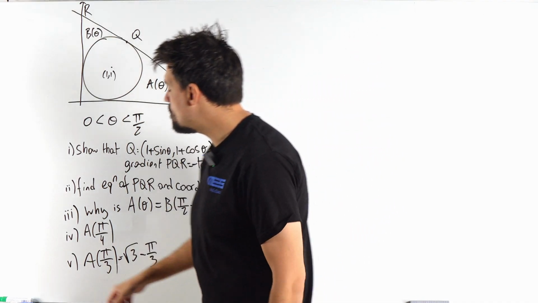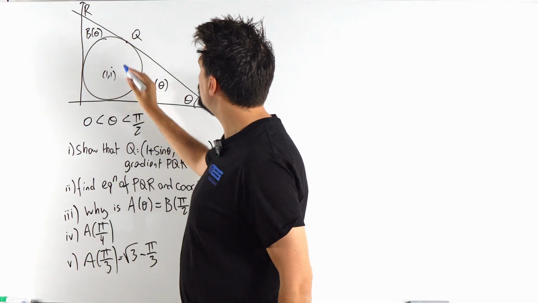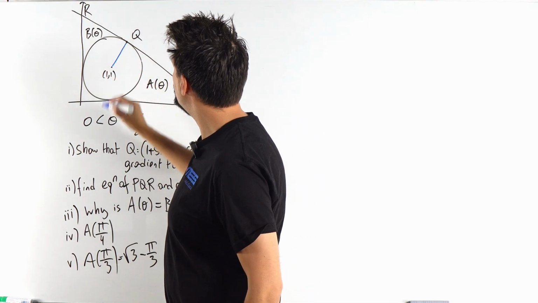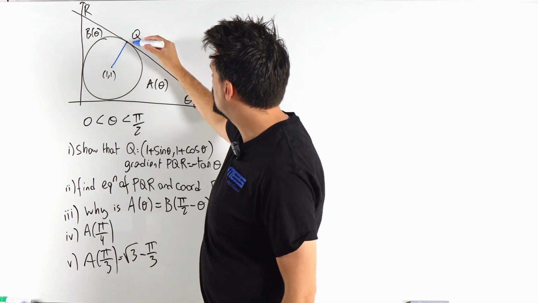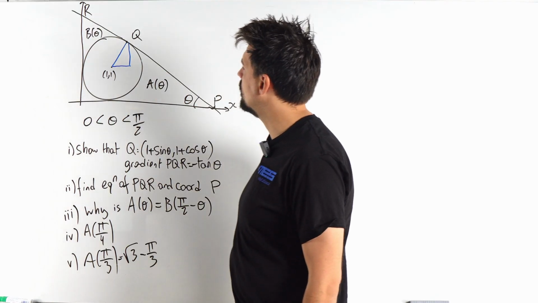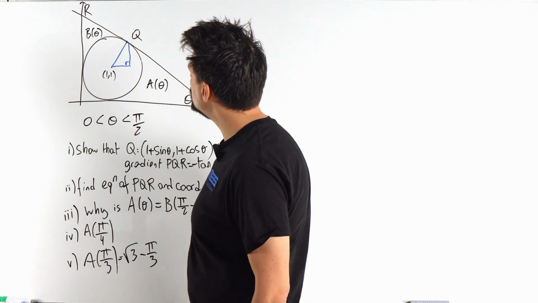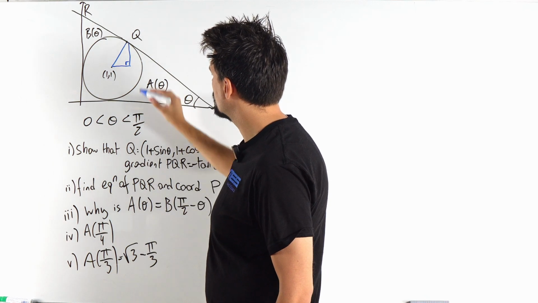Well, what we might want here is a little bit of geometry because, in fact, if I was to draw this triangle, we can see that that is a right angle, okay?